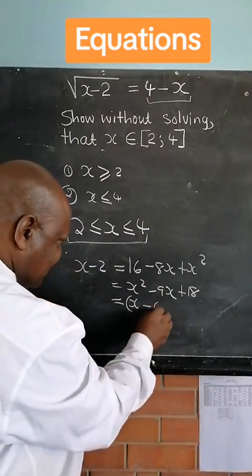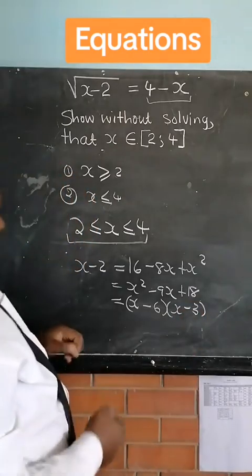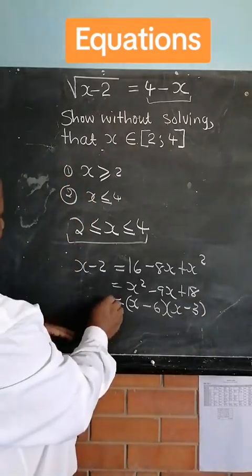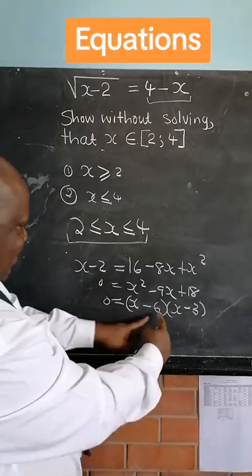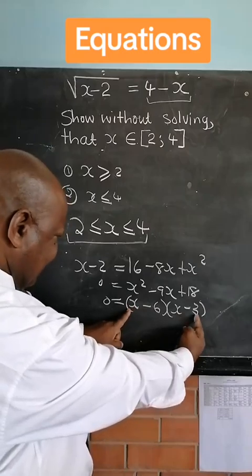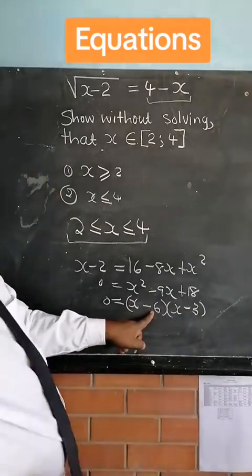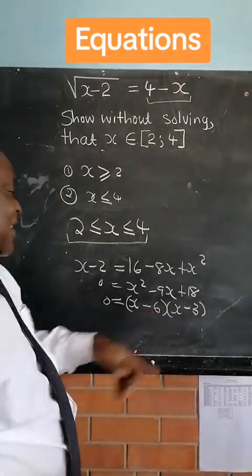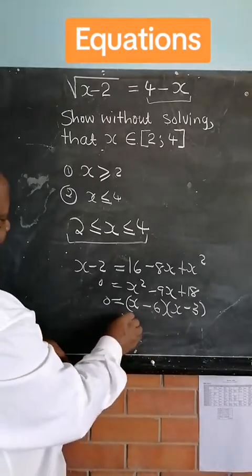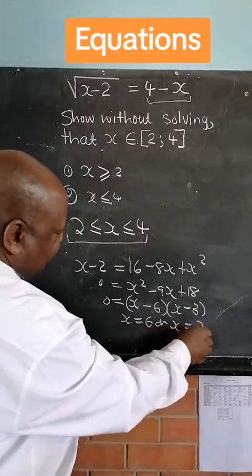Shall I have 6 and 3? I think it works. A quick check: this is negative 6x minus 3x, which is negative 9x. Negative 6 times negative 3 is positive 18. So this is fine, which means x is equal to 6 or x is equal to 3.